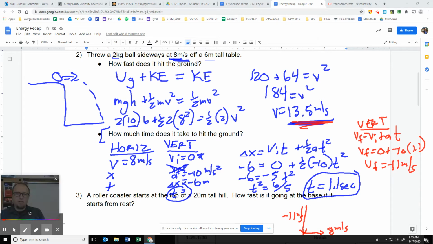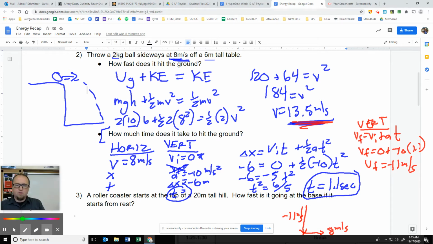So by using energy, we avoided having this conversation. Because look at this. What could I do? I could do a squared plus b squared equals c squared. So I get 11 squared plus 8 squared, and square root, and I get 13.6.